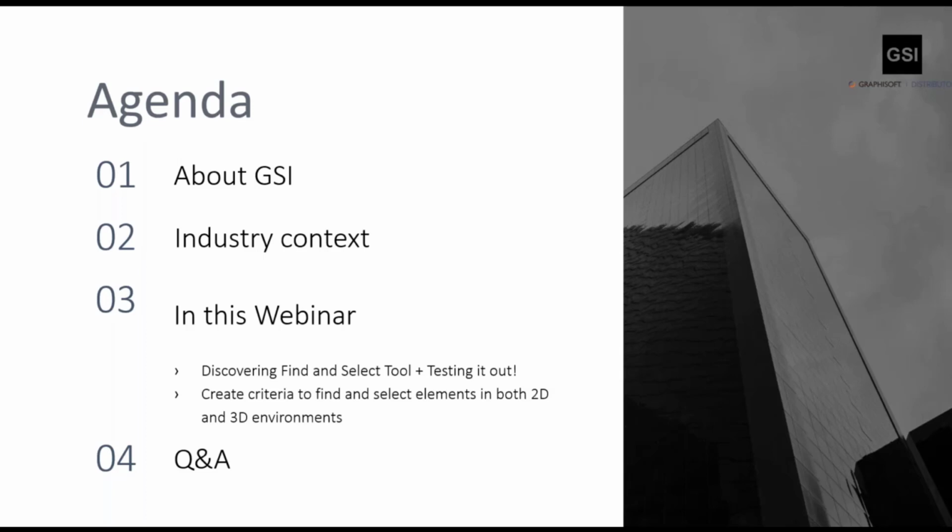And the last one will be the Q&A session with our speaker. Note that you can submit your questions at any time during the webinar using the chat box on the right side of your screen. Now, let's get started with the first part of our webinar, an overview of GSI.